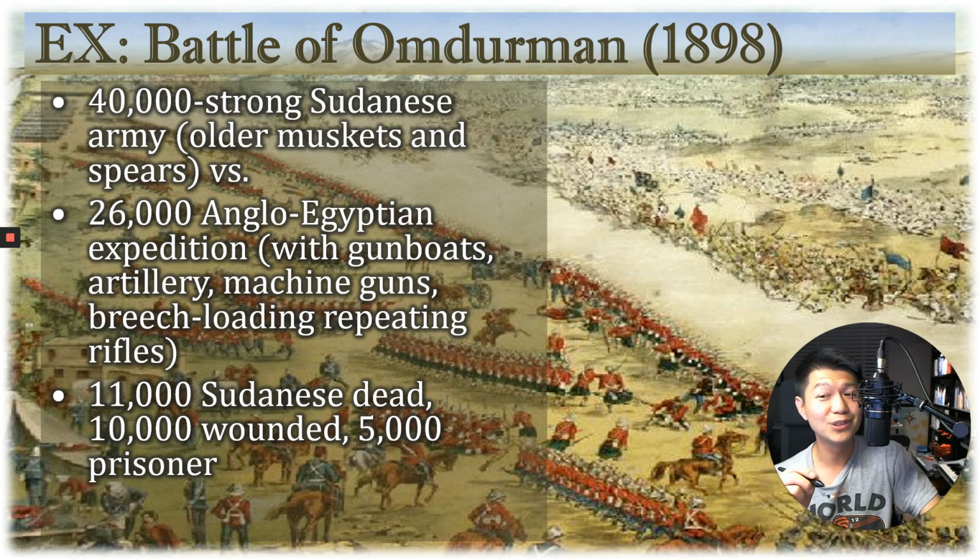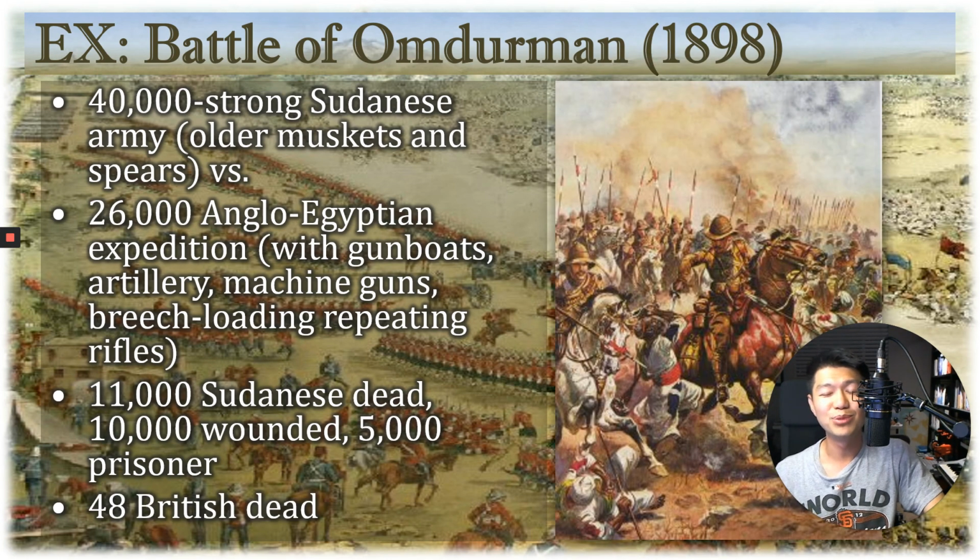And the battle result was as lopsided as you can possibly get. 104 Sudanese soldiers dead, about 10,000 were wounded, and all at the cost of about 48 British soldiers dead. That's it. That is the Industrial Revolution, in terms of empire building in a nutshell.